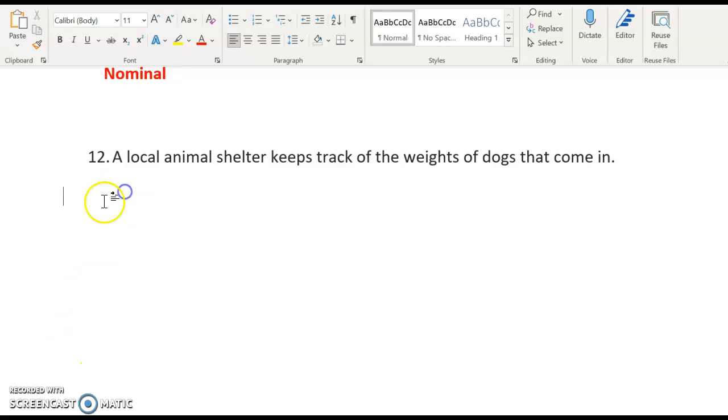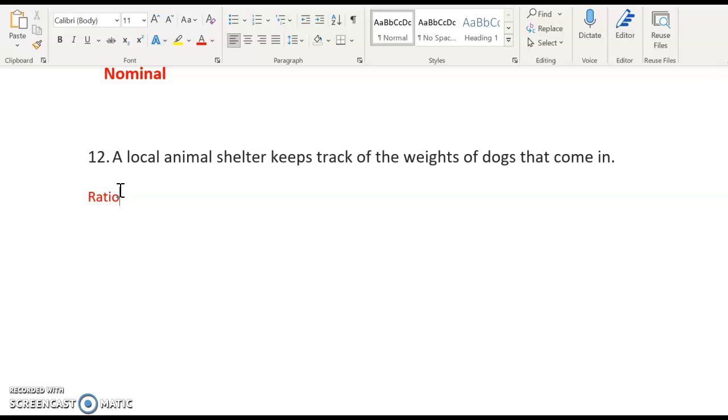Now, if we keep track of the weights of dogs, that would be different. Because this is going to be like height and length. It would be ratio. 0 pounds is going to be your starting point for all weights.